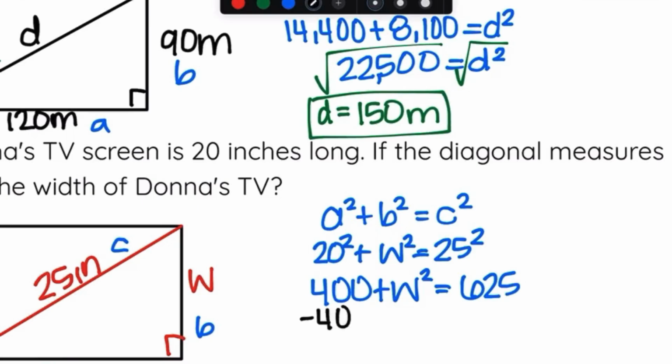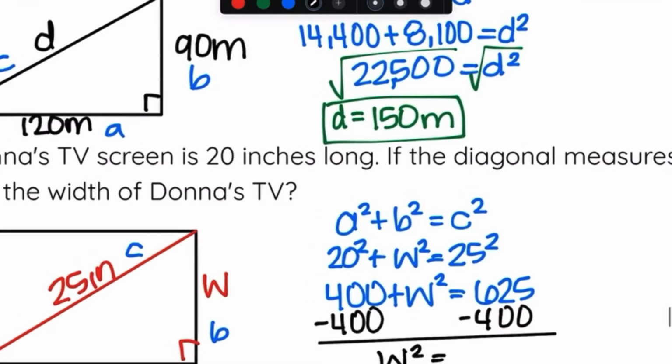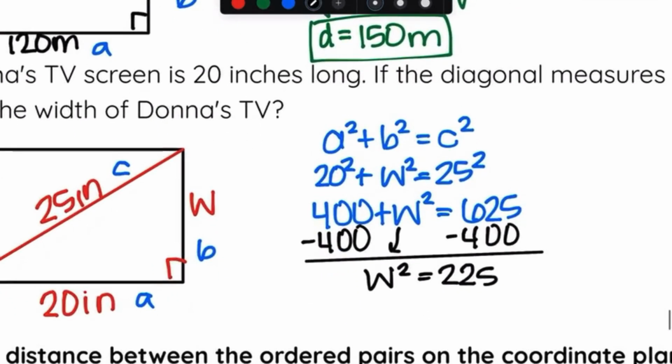These are on opposite sides, so I'm going to subtract 400 from both sides of my equation. So W squared is 225. And when I take the square root of both sides, I get W is equal to 15 inches.